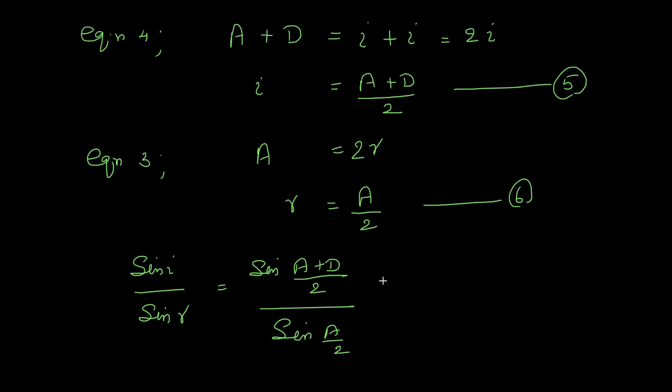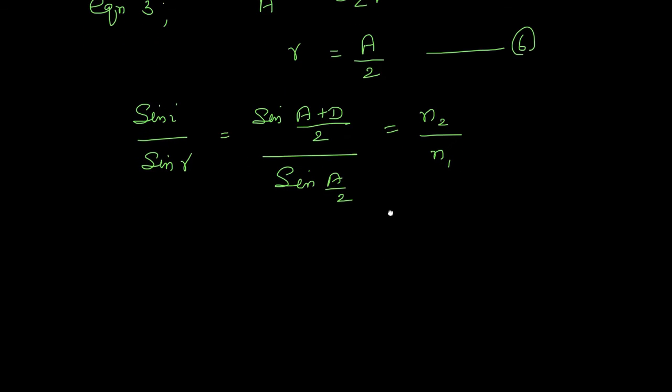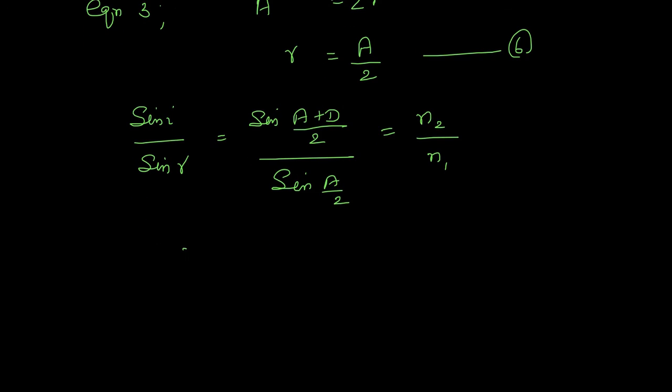And Snell's law states that this is equal to the refractive index of the second medium with respect to the first medium, or the refractive index of the denser medium with respect to the rarer medium, you can write n21 or simply n, as sin of A plus D by 2 divided by sin A by 2.